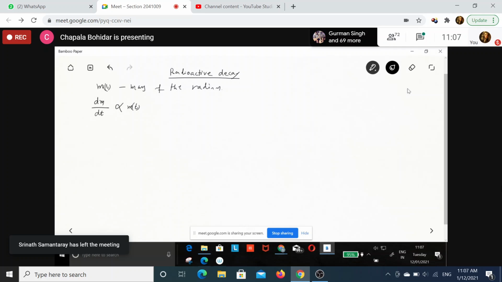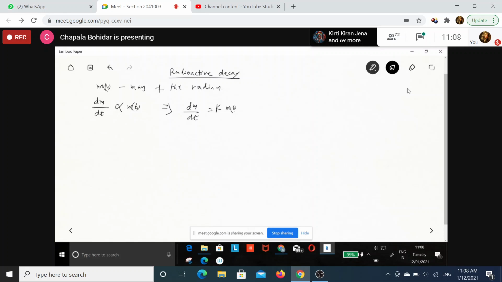So according to last year's solution, I can write dm by dt is equal to km. What is k? k is our negative constant here, because it is decay, spontaneously decreasing.